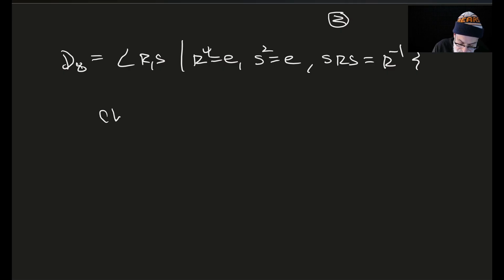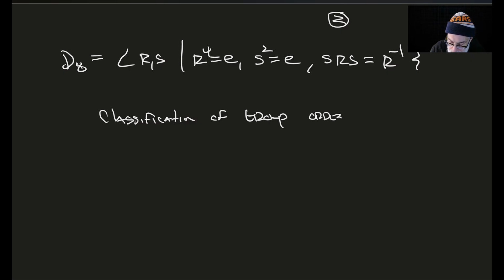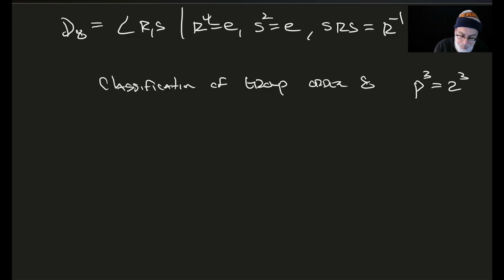Lastly, I've been doing this lately, a sort of classification. Let's look at classifications, not of groups of p cubed, but groups of order 8, which here is p cubed when p is 2.